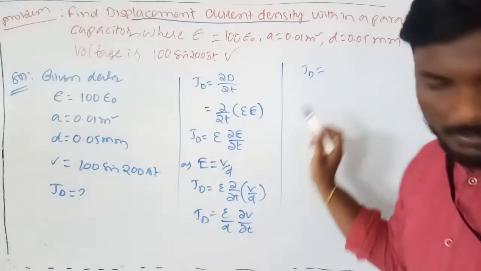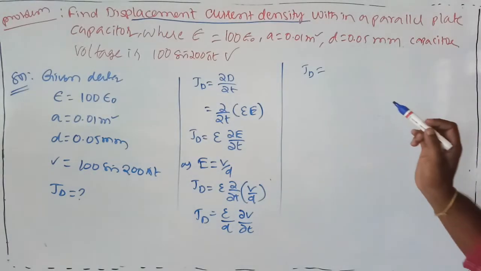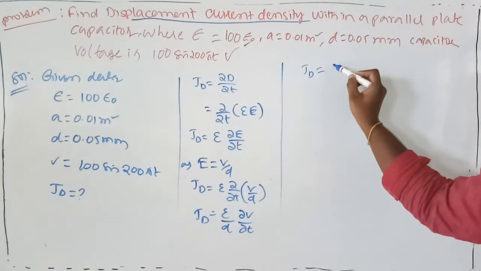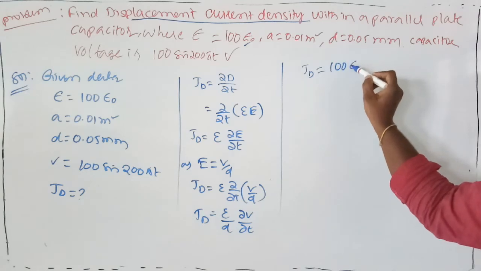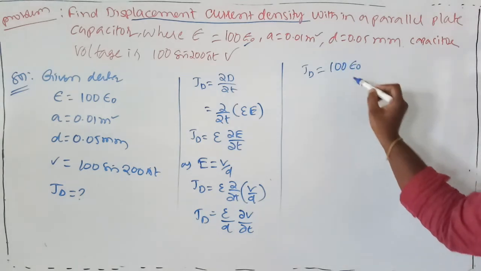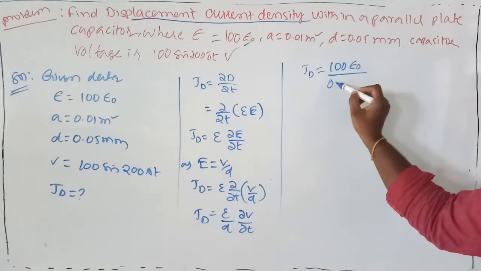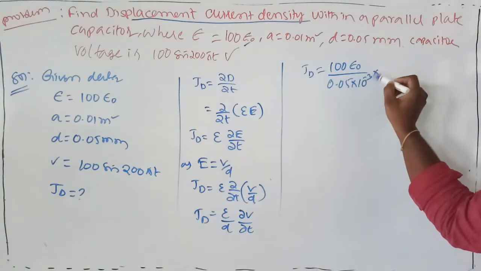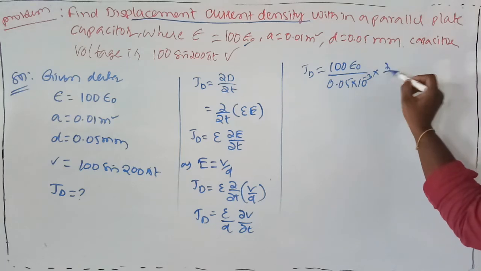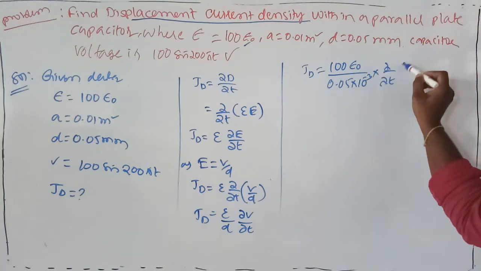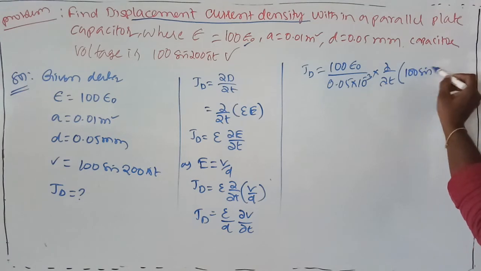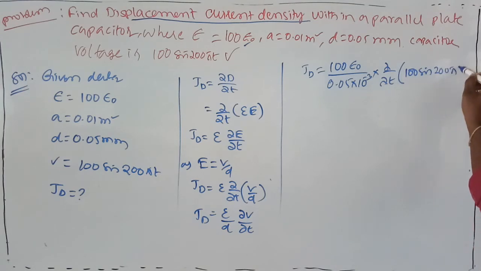Substitute the values here. J_d is equal to, tell me, what is epsilon? From the data, epsilon is equal to 100 epsilon naught, by d, which is how much? 0.05 mm. The mm should be converted into meters, into ∂/∂t of V, and V is 100 sin 200 pi t.